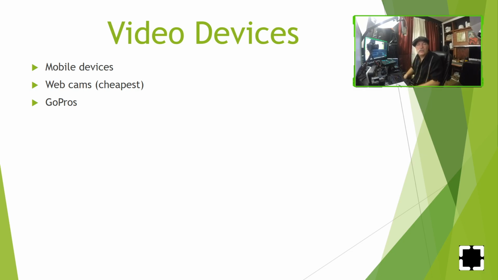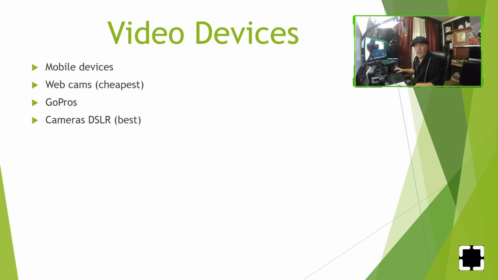This camera was produced almost 5 to 10 years ago, and it outshines a webcam like nobody's business. You can pick up these little GoPros on Craigslist, Facebook Marketplace or eBay, and they're going for pennies on the dollar nowadays. They have such a beautiful wide angle lens. You can see pretty much all my space behind me. They're a really, really good video source.